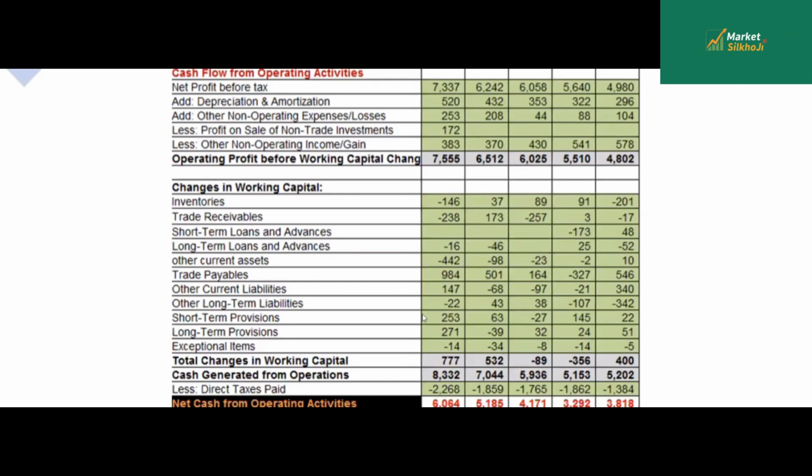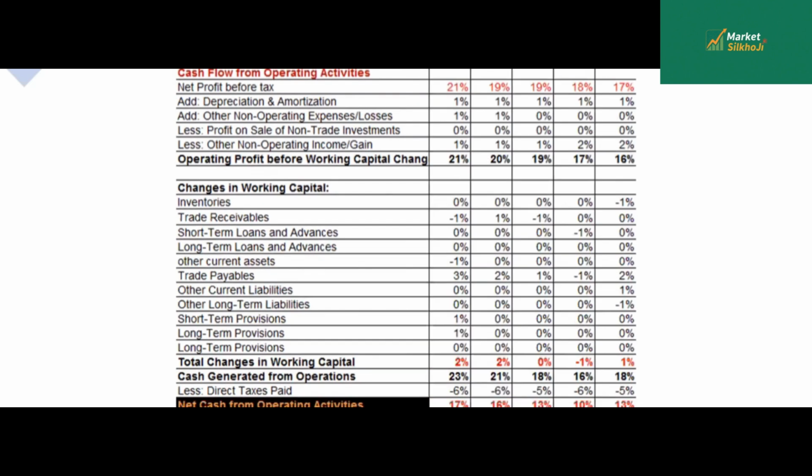Out of that 35,000 something crores, 6,000 crores is generated as cash, which is 17%. As long as this ratio is more than 5%, it is great. Of course, I'll cover this ratio going forward also, when we do it practically, I'll show you. But here, just remember, we want cash flows as a percentage of sales to be a minimum of 5%.